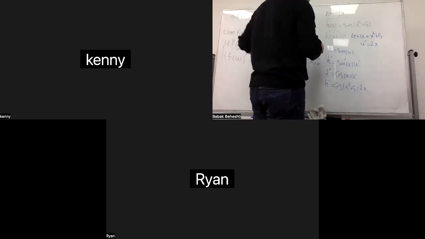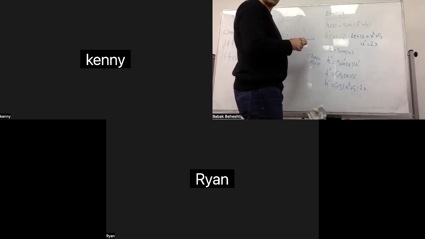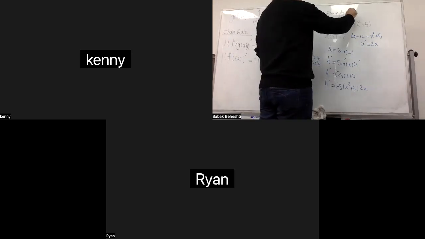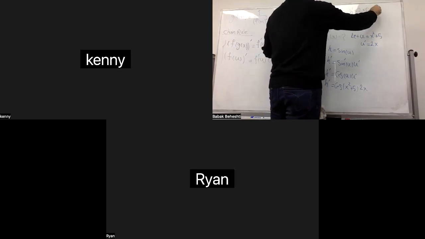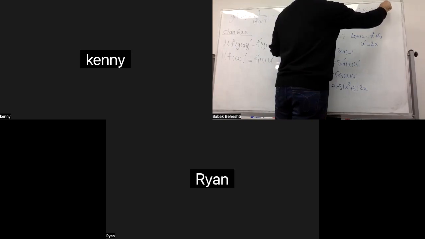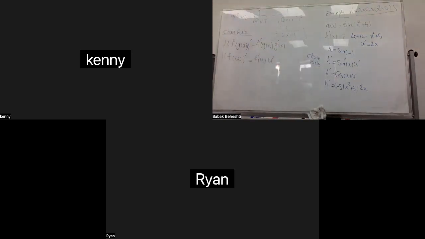At the end, h prime is 2x cosine of x squared plus 5, because it's a multiplication.